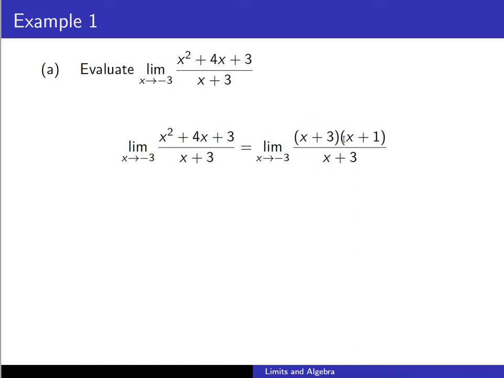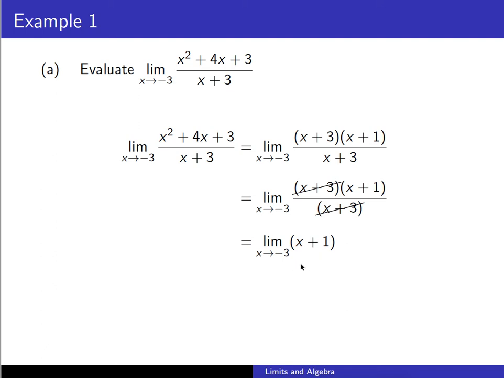Notice we have these common factors of x plus 3 that cancel out and divide out to leave 1's in their places. So our limit becomes the limit as x approaches negative 3 of x plus 1. Now if we plug in negative 3 for x, we don't get any problems. So negative 3 plus 1 is negative 2.